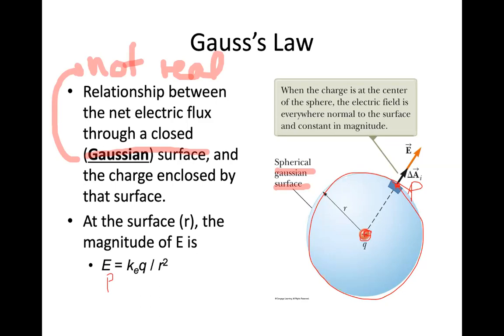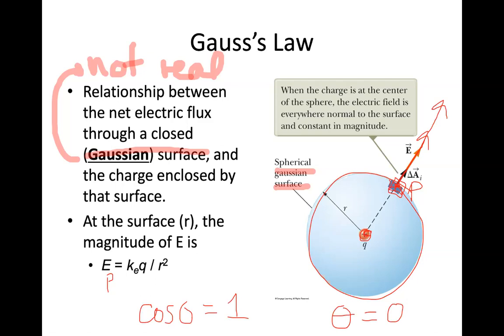And then I look at the flux. I say, okay, for this little element of area, it points in that direction. The electric field points in that direction. What's the angle theta? Theta is 0 between them. What's the cosine of 0? It equals 1.